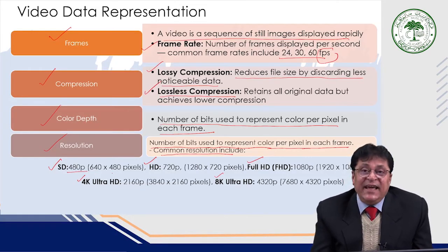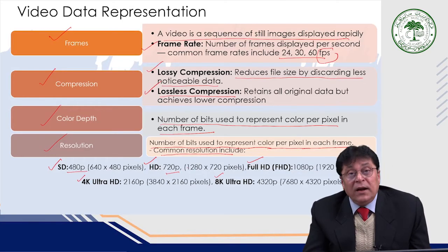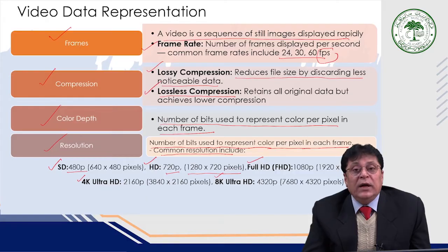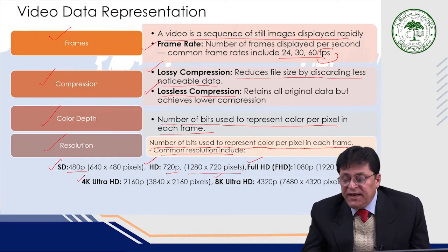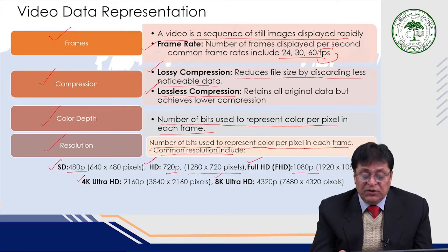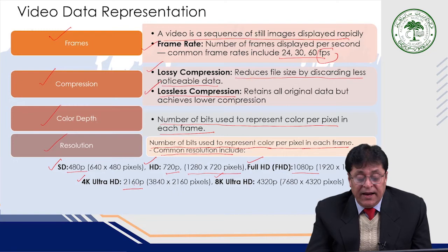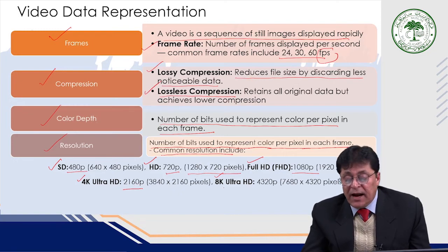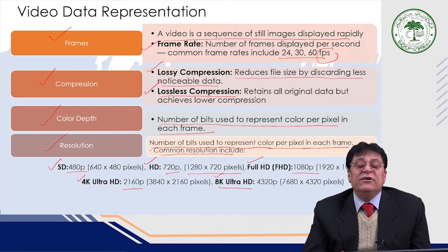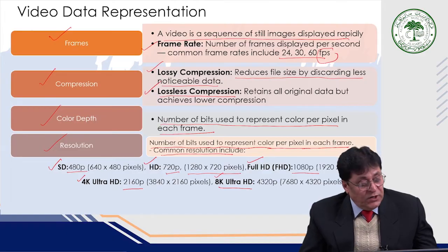If it is HD, it is 720p or 1280 into 720 pixels. Same for full HD, 1080p. For ultra HD 4K, it is 2160p. For ultra HD 8K, it is 4320p.